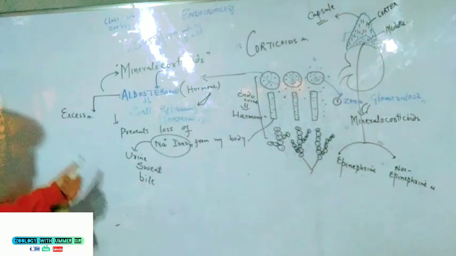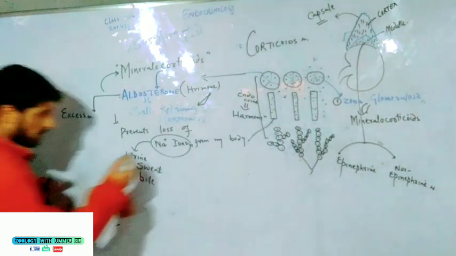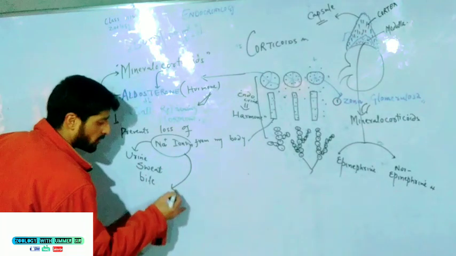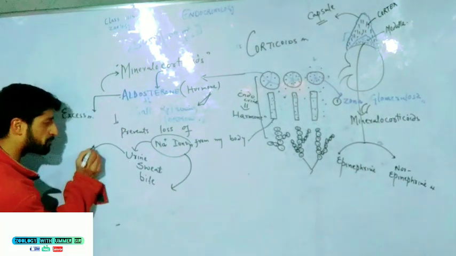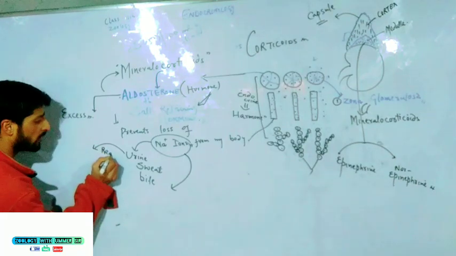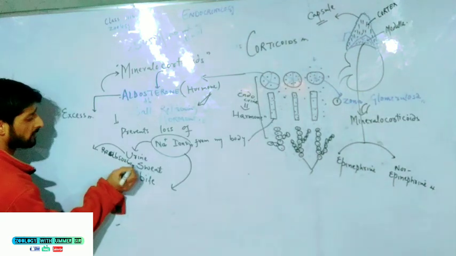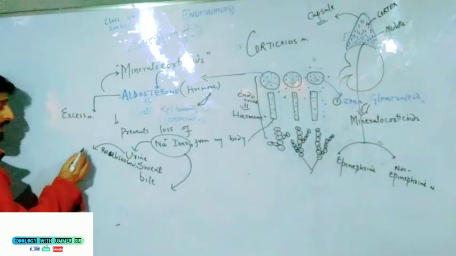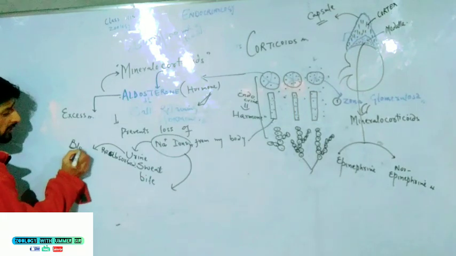When the aldosterone hormone level increases, then obviously more and more sodium will be reabsorbed, and this sodium will then finally be drained into our circulation, or into our blood.